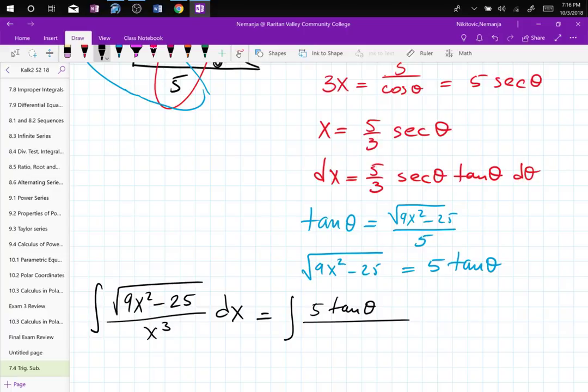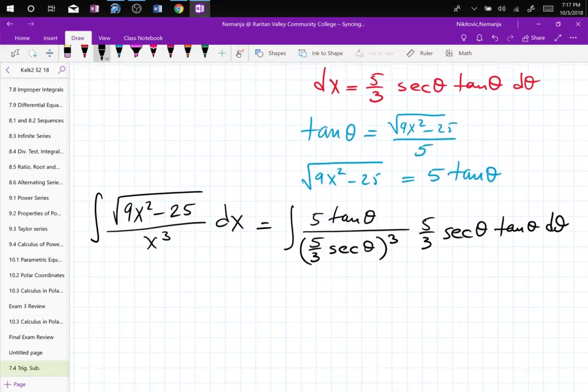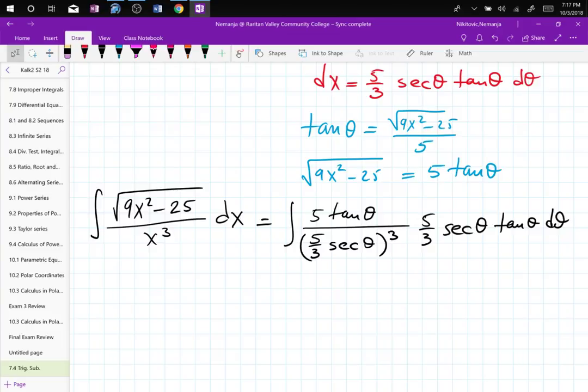The x cubed is going to be 5/3 secant theta everything cubed, and the x is 5/3 secant theta tangent theta d theta. It's a long expression, but it gets simplified, right?